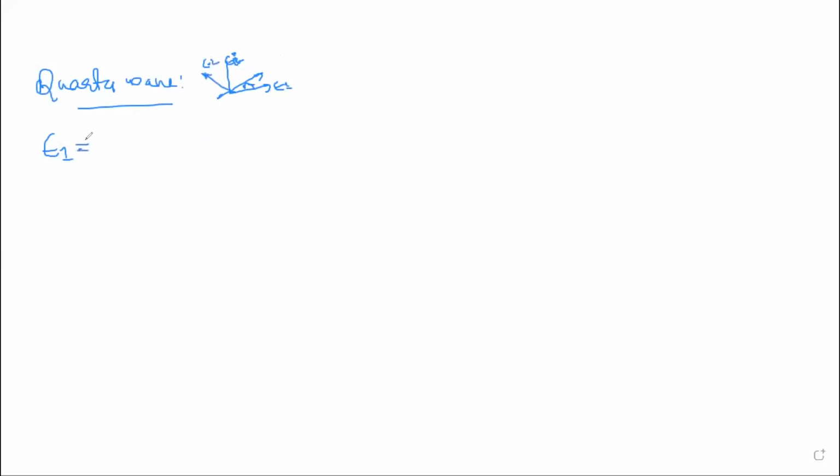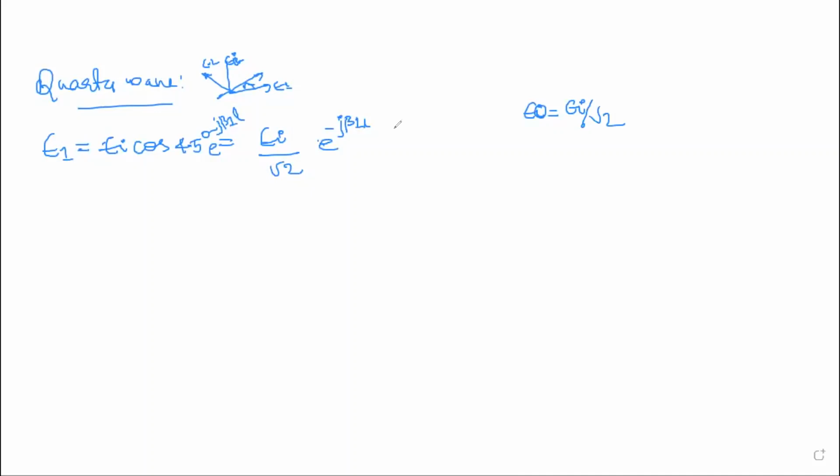Now E1 is the component with respect to your cos factor. This is a quarter wave, so it is 45 degrees. E1 is equal to Ei cos 45. You know cos 45 is 1 by root 2, e to the power minus j beta 1L, where L gives the phase shift. So E1 is equal to Ei by root 2 e to the power minus j beta 1L, where E naught is equal to Ei by root 2.